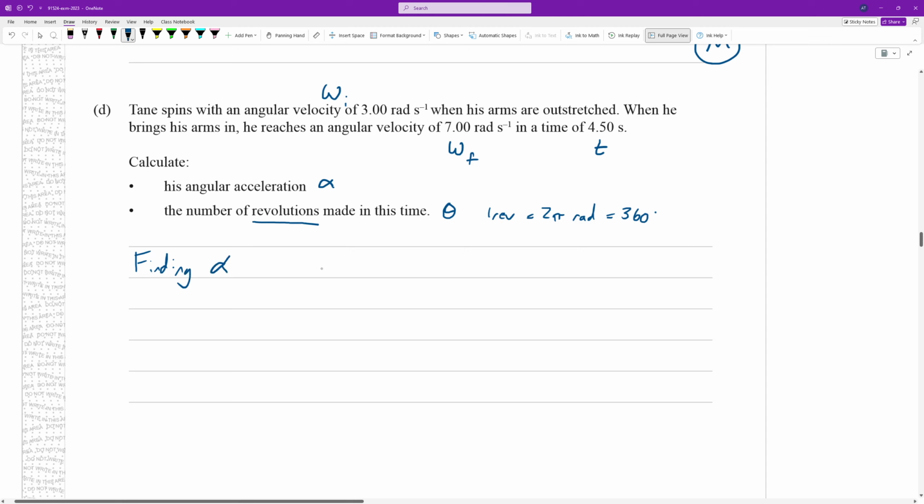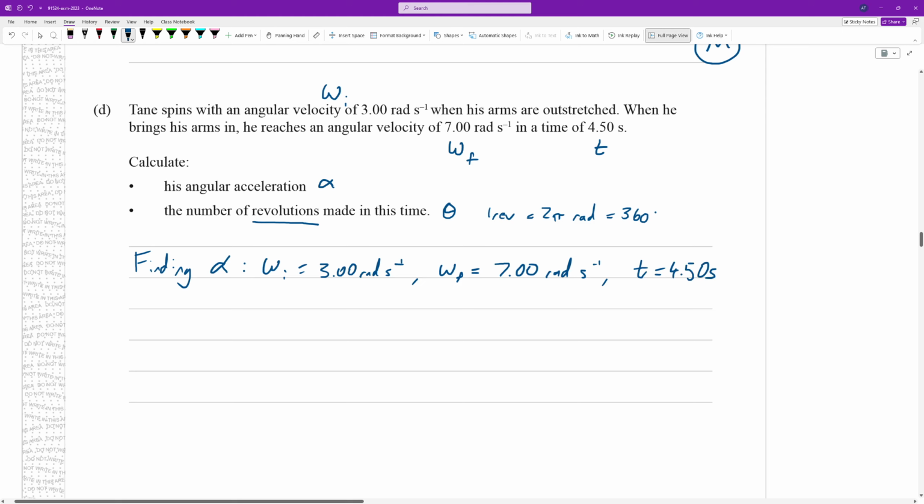So finding angular acceleration, let's list out what we know. Initial angular velocity, 3 rads per second, final angular velocity, 7 rads per second, and the time, 4.50 seconds.